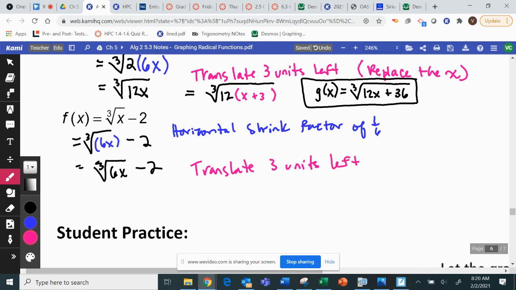So I'm going to translate 3 units left. So I have cube root 6. I'm going to replace the x with x plus 3 minus 2.